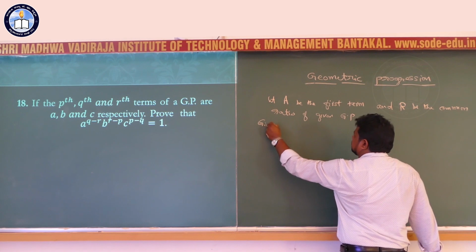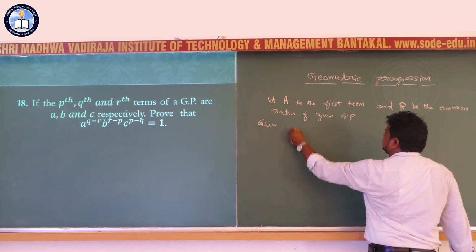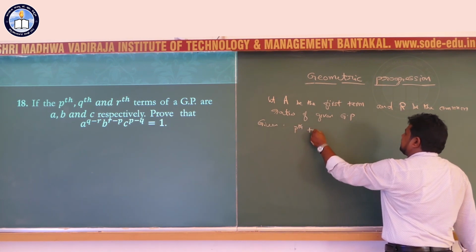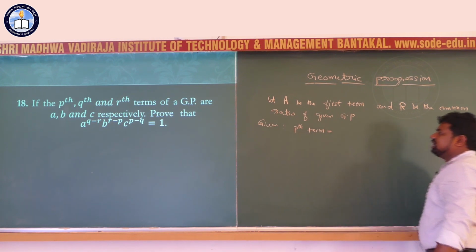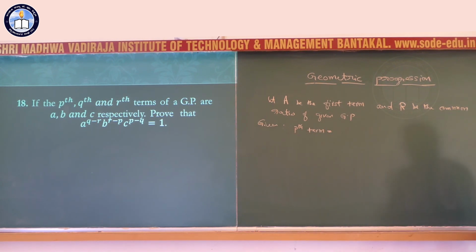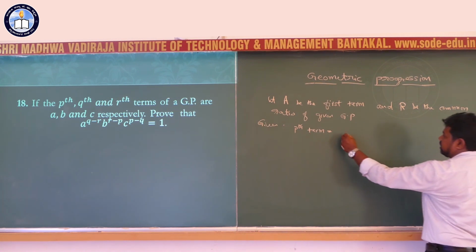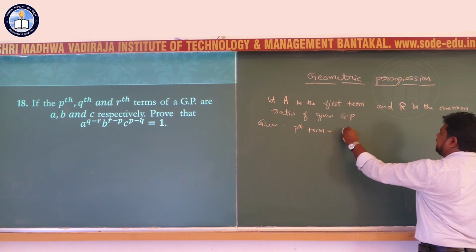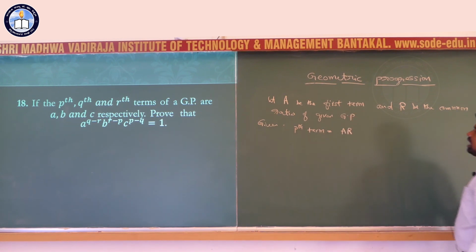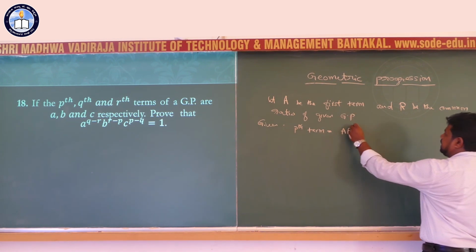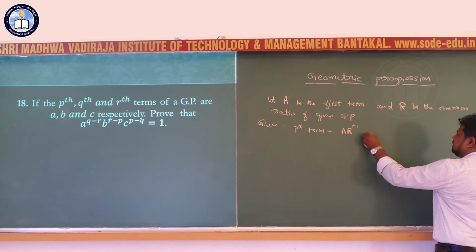What is the nth term of the geometric progression? A into r power n minus 1, where a is the first term and r is the common ratio. Therefore, the pth term is capital A into capital R power p minus 1, and that is given as a.